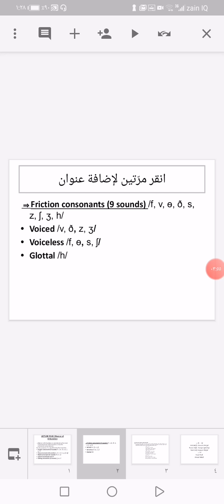Okay, so voiced we have v, the, z, j. Opposite them in the voiceless we have f, th, s, sh. We have just one glottal sound for sure.